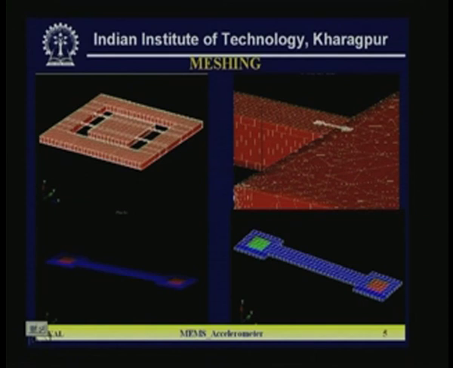Finite element technique means you have to define small elements, which is known as meshing. The meshing of the total structure is shown in this diagram, where you can see the mesh sizes are not the same throughout the structure. Why it is not the same, I also mentioned earlier. The bottom figure shows the resistance part, where we are basically using a diffused resistance.